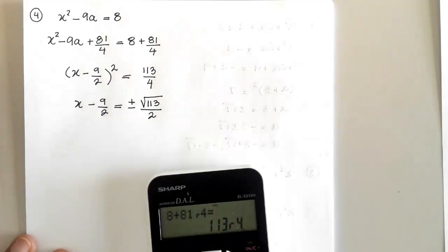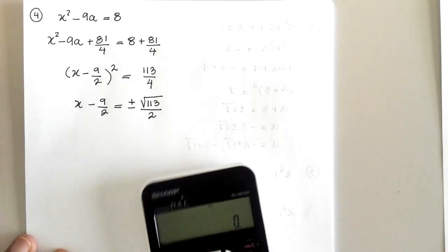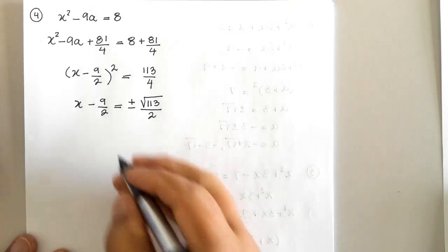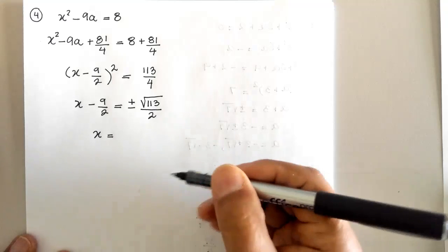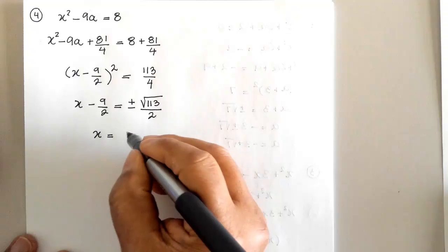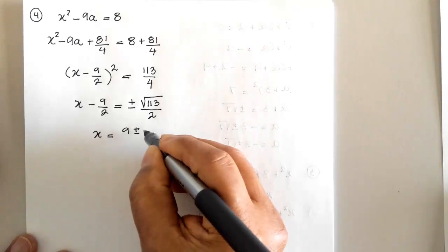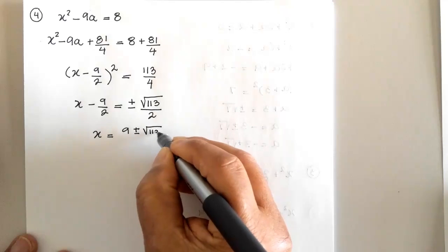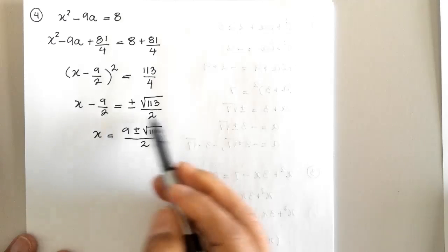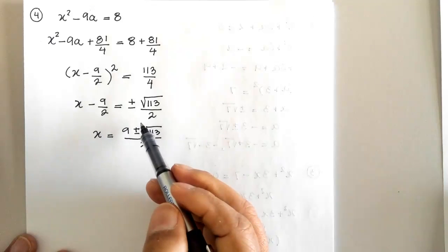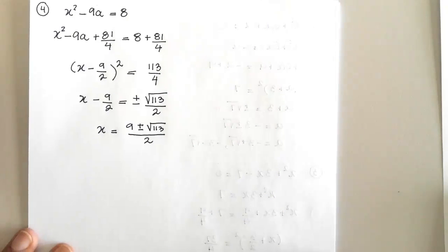We cannot simplify the square root of 113. Now we're going to be saving time, so this becomes positive, so it's going to be 9 plus or minus a square root of 113 on 2. You can do that because they have the same denominator, so you can go from here to here in one go.